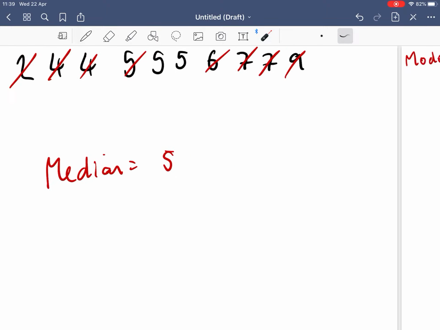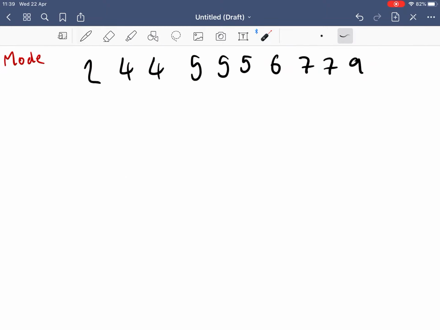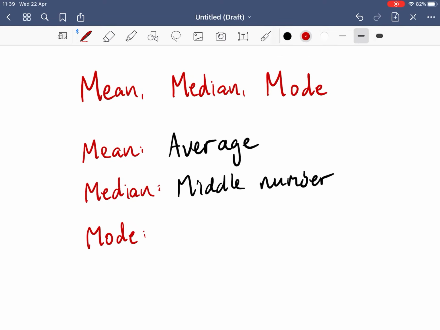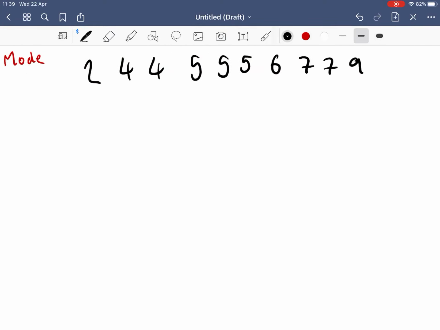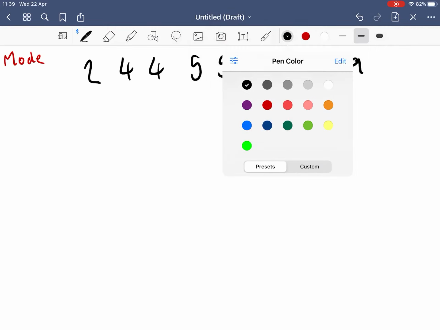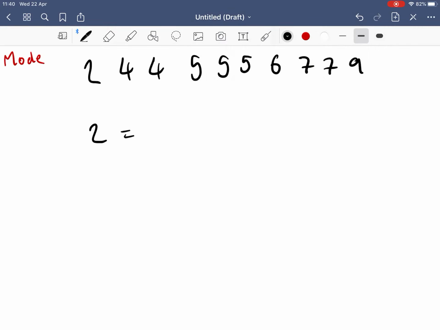Okay, now we can move on to the mode, which is also super easy. The mode means the most common number. So, the most common out of these, how many times does 2 come up? 2 comes up once. How many times does 4 come up? 4 comes up twice.